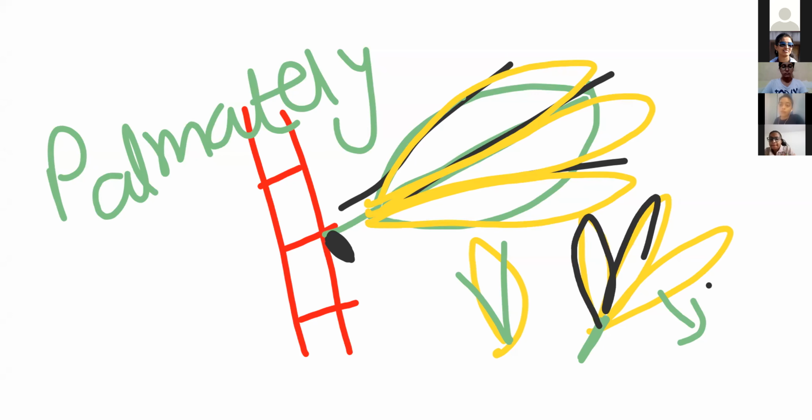If this all are simple leaf, just imagine. At the base of each leaflet over here, axillary bud is present. Axillary bud is a main feature to identify whether it's a compound leaf or simple leaf.